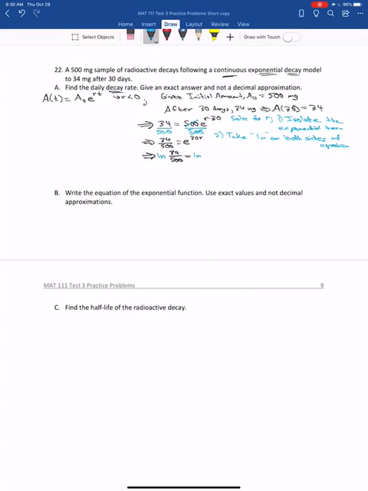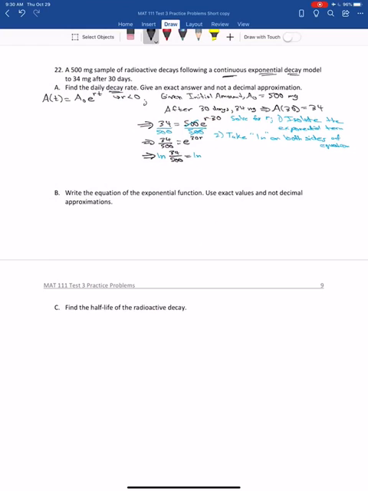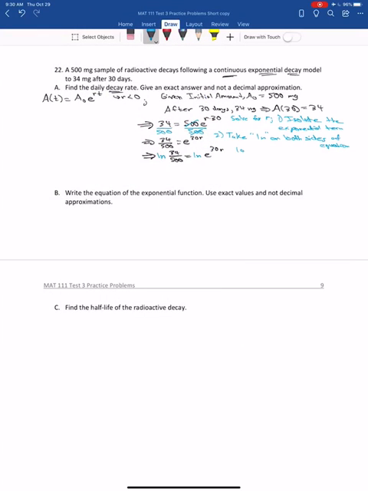We got to do log base e. Remember, this is our abbreviation for our natural log. Log base e is ln of e to the 30r. And we like that because, and again, I'm going to write that property down here beside it, we know that log base a of a to the x power always simplifies to x, right? That's what we want to look at. In our next step, we want to simplify.